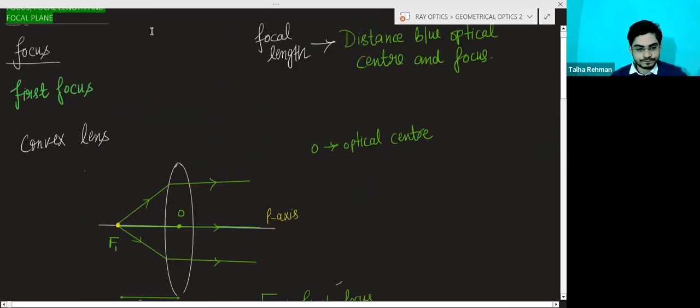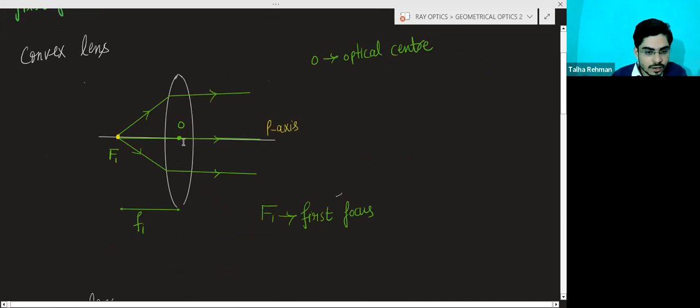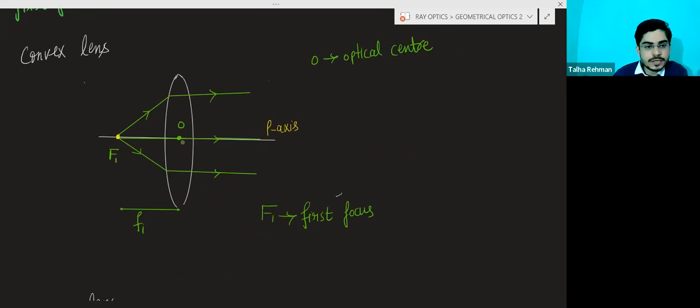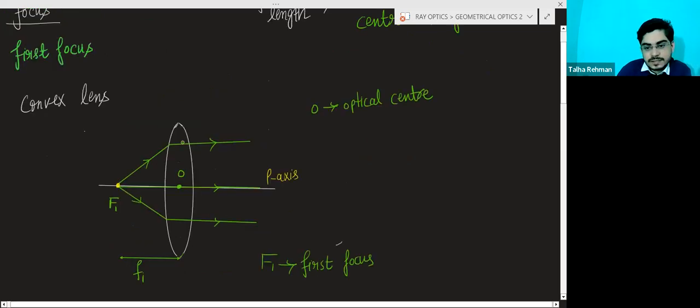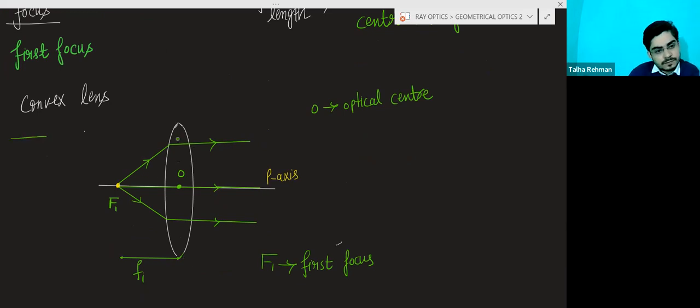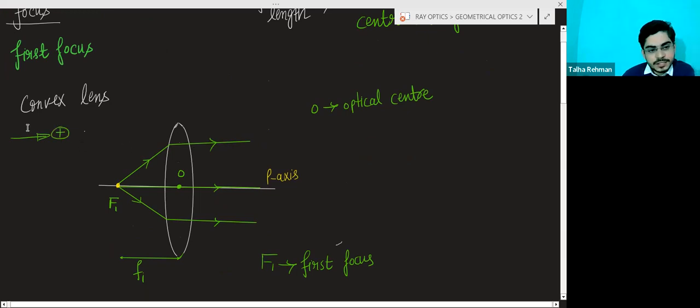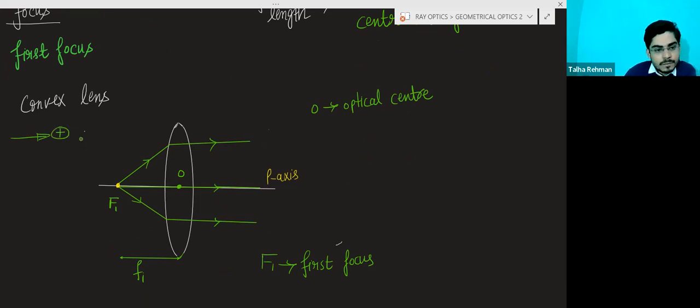Very easy. This is the optical center, and now you can see here in this case, the rays are going in the direction of the incident ray, this. This is the positive direction because this is the direction of the incident ray.